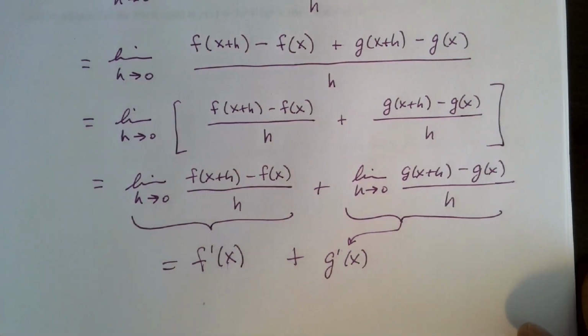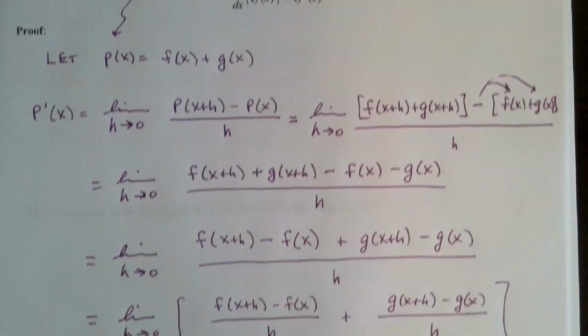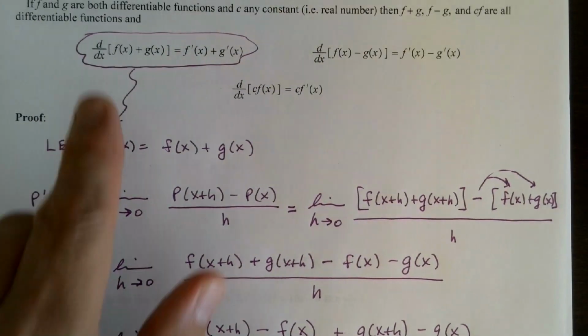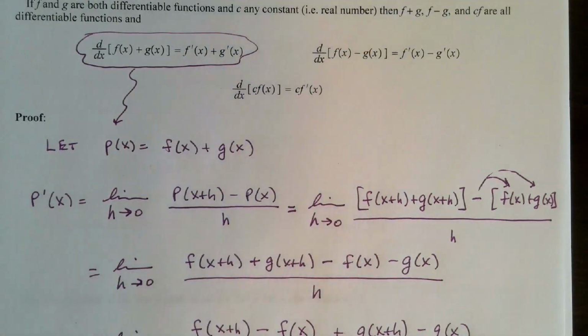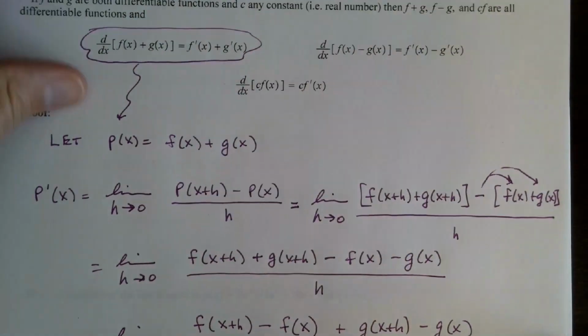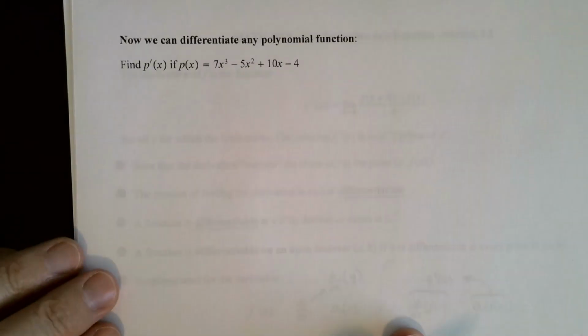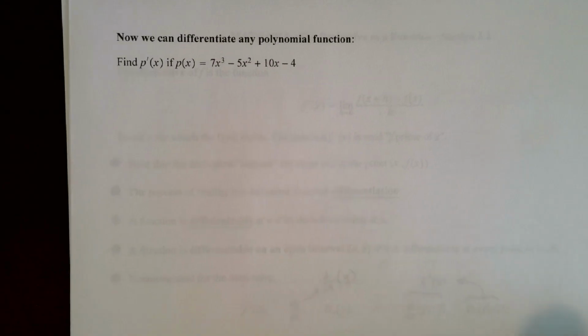So these linearity rules open up a bunch, right? We can do sums, differences, and constant multiples and find the corresponding derivative. So let me show you now how we can differentiate a polynomial function. Okay? And I'm going to do it really in all of its glory here.